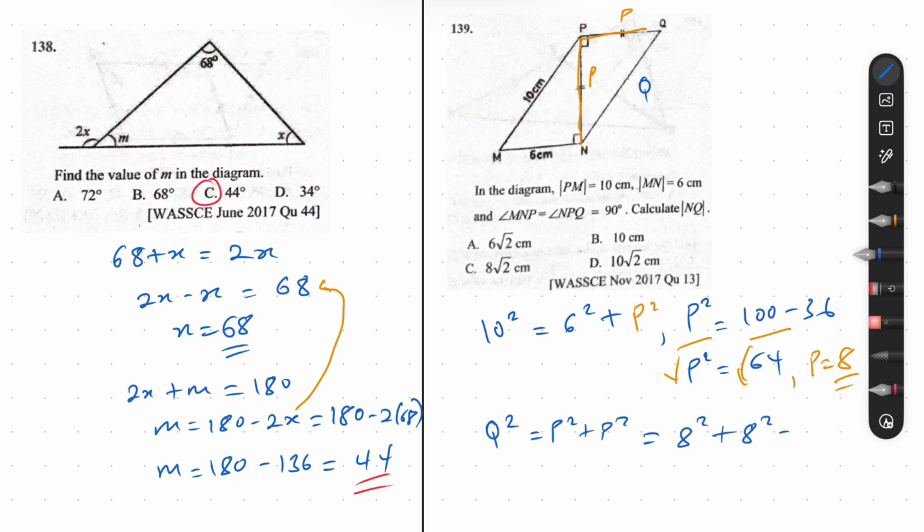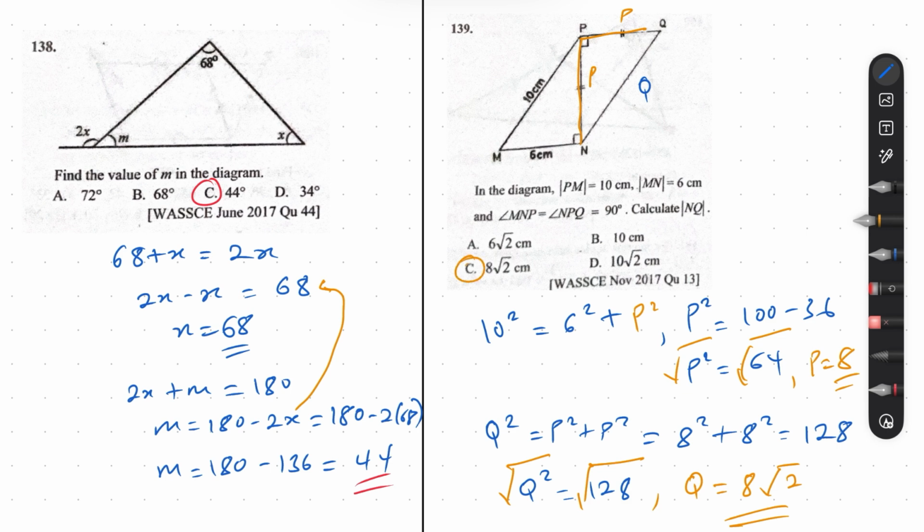That will give us 64 plus 64, and that will be 128. So our Q squared is 128. We can take the square root of both sides. If you put this in your calculator, you get 8 square root of 2. So that is our answer, which is C.